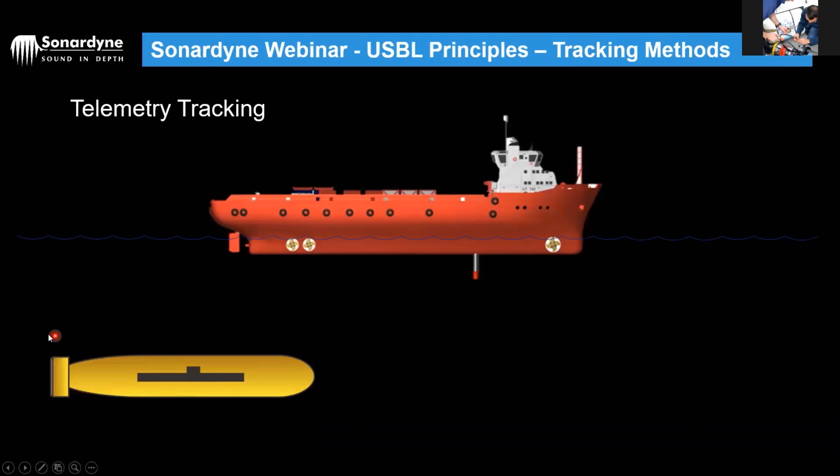Some of these AUVs will surface and get a GPS fix and then dive again, but that takes up precious energy. If you can keep your AUV submerged, then better. Now, Ranger 2 robotics pack enables that, and what we have is another type of beacon, an AV track. It's a transceiver that then is installed on the AUV and is wired into your guidance computer on the AUV.